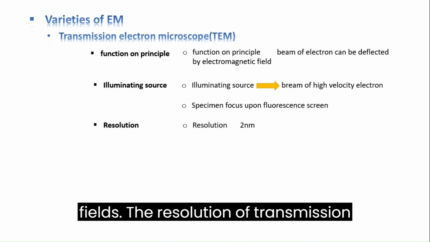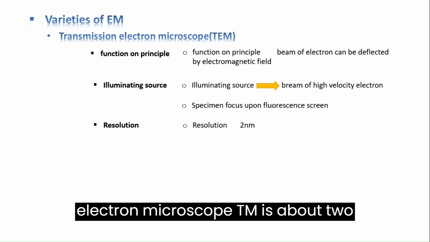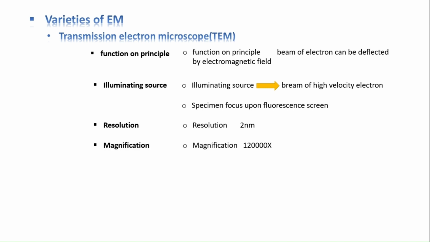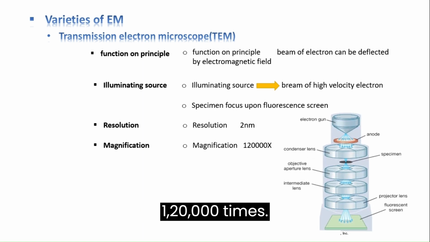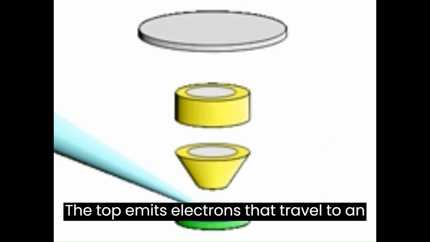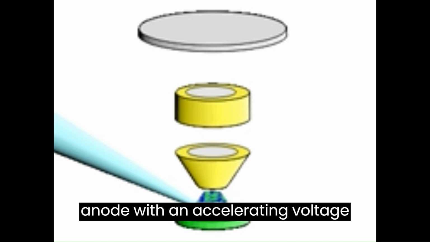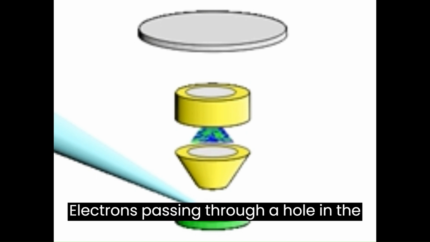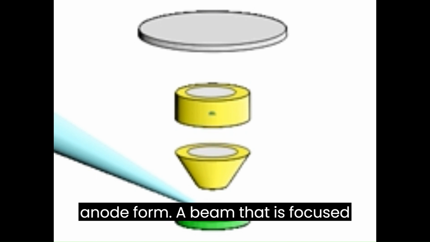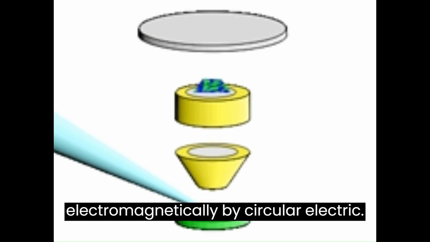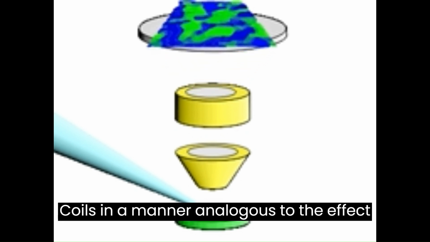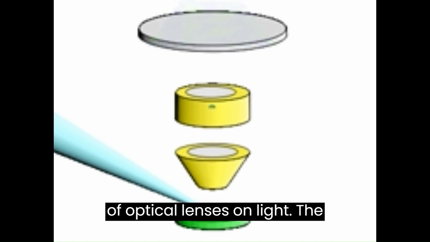The resolution of the transmission electron microscope, TEM, is about 2 nanometers, while ultra-thin tissue sections can be magnified up to 120,000 times. The top emits electrons that travel to an anode with an accelerating voltage between 60 and 120 kV. Electrons passing through a hole in the anode form a beam that is focused electromagnetically by circular electric coils, in a manner analogous to the effect of optical lenses on light.